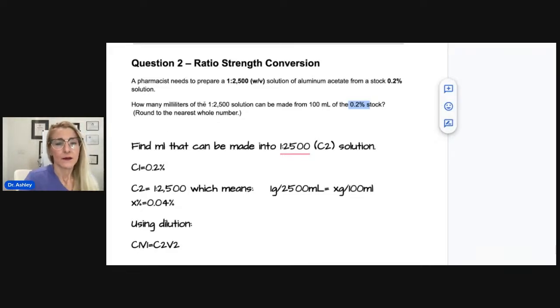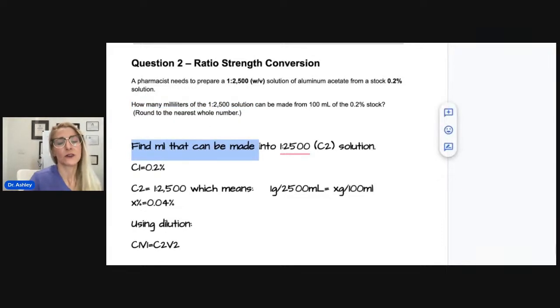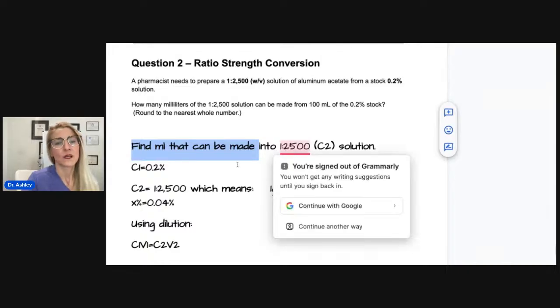Okay, we had 1 to 2,500 solution. That is actually what we're trying to find, right? They say how many mLs of the 1 to 2,500 solution. So find the milliliters that can be made into this.